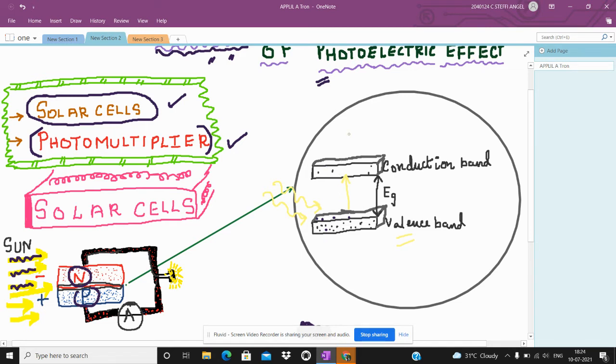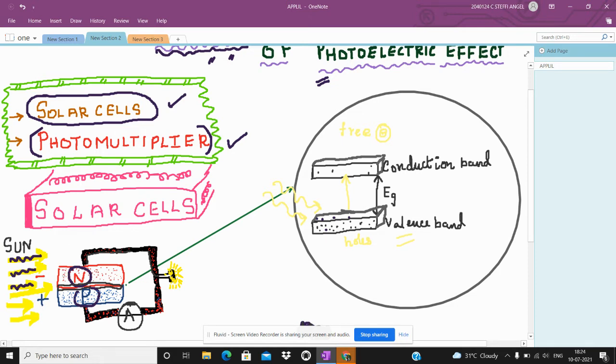Therefore, in the conduction band we have free electrons, and in the valence band we have holes created because the electrons have been excited. So that's what happens.